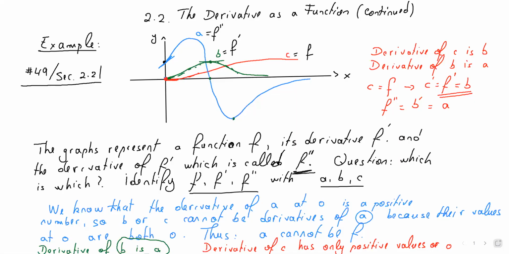It could be that the function f is always above the x-axis, and it's kind of increasing, but then the derivative of f, it's still above the x-axis, but look at this, it's kind of like a bell shape, and the derivative of that is not even a bell shape anymore. It's just going up and down here. So that's one type of behavior.